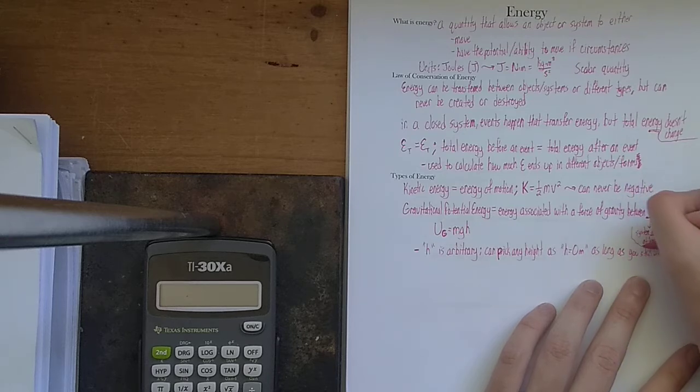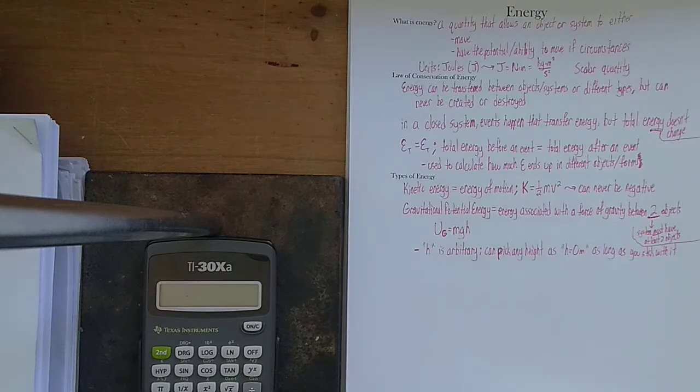So in other words, once you pick a height, you have to stick with that for the rest of the problem. Okay, you can't say that you have one object on the ground and that's h equals 0, another object on the table and that's also at h equals 0. Once you pick an h equals 0 line, you have to stick with that for the entire problem. Okay, so there's gravitational potential energy. That's also fairly simple to deal with.